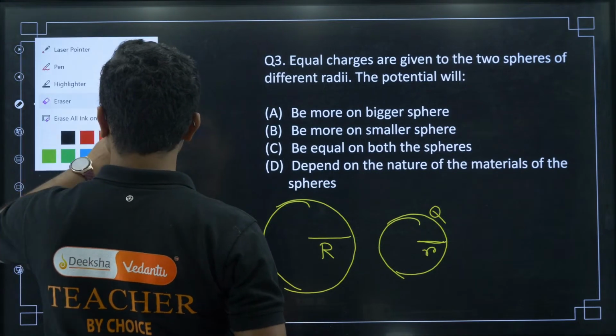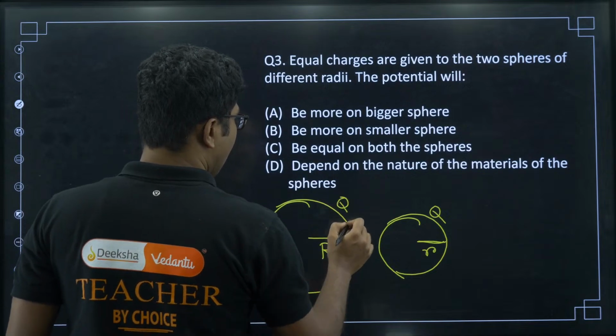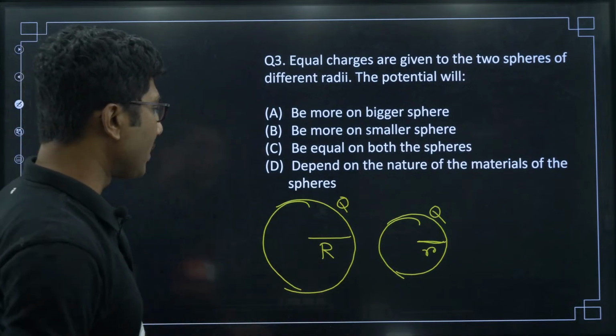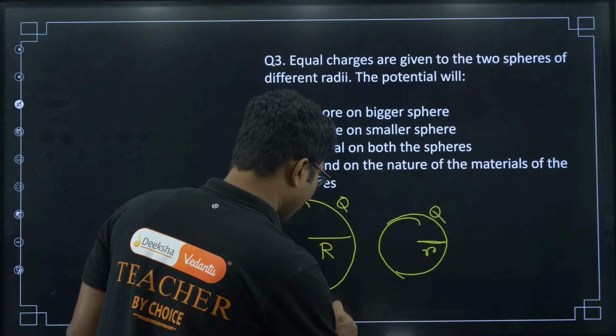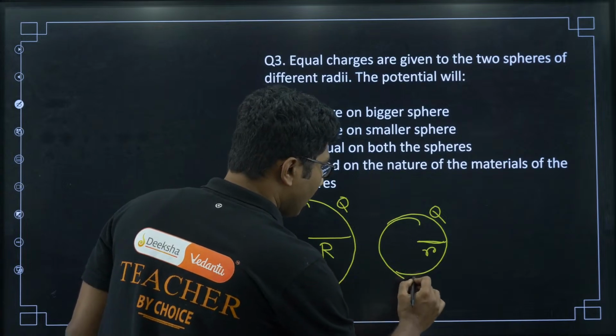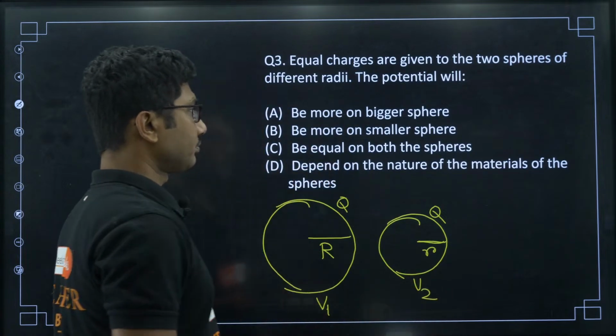Now, you tell me which one will have the greater potential. Or both of them have the same potential. So, basically say the potential of this is V1, potential of this is V2. Okay.